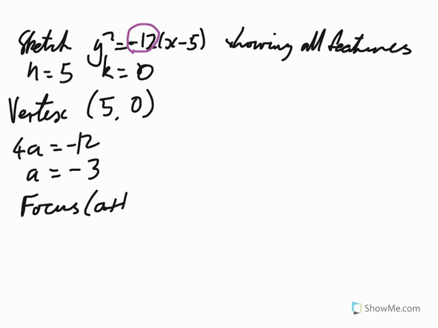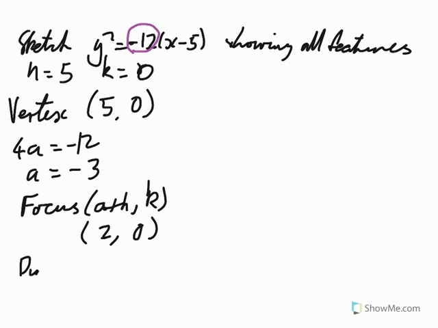So once we found that, our focus, which is a plus h and k, will be negative 3 plus 5, which is 2, and 0.